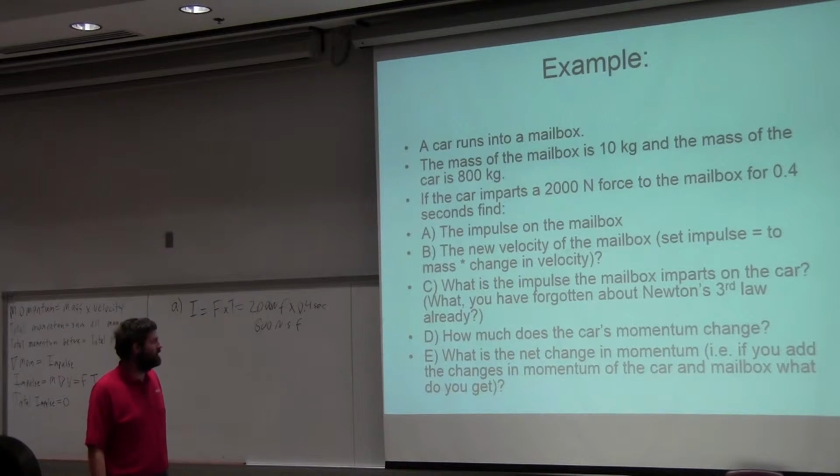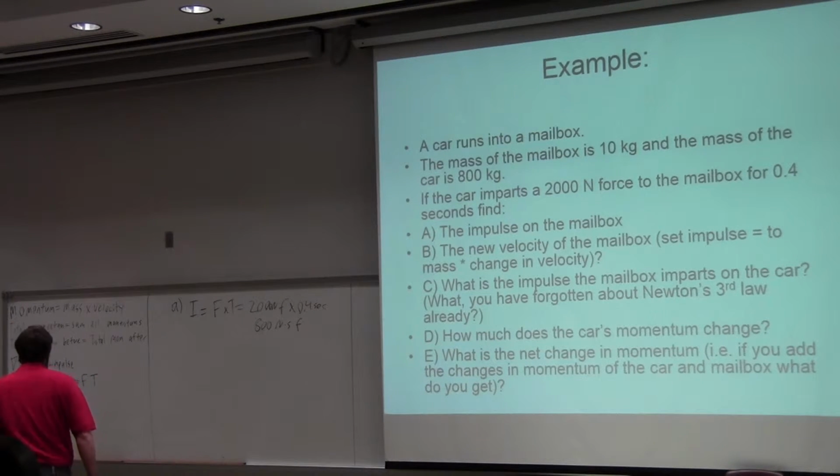The new velocity of the mailbox. So impulse, in addition to force times time, also equals mass times change in velocity. And I know I'm developing the bad habit of standing in front of the equation from your standpoint, even though it's not in front of the equation from mine. So impulse equals mass times change in velocity. So that's what we're going to use here.